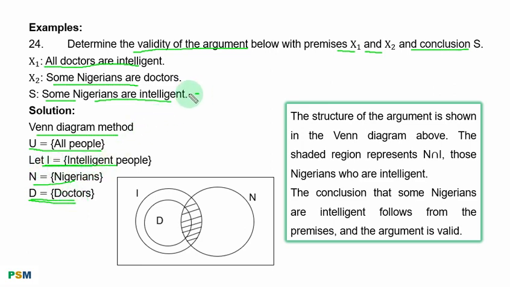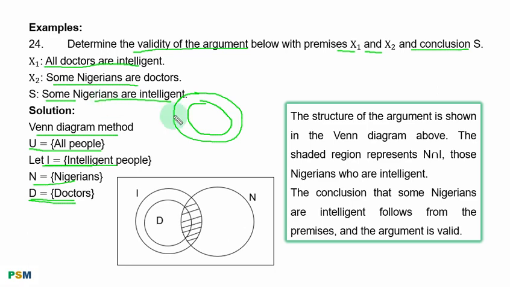So you have intelligent people, then doctors are inside because of the first premise. Now, check the second premise and the conclusion. Some Nigerians are doctors, some Nigerians are intelligent. By implication, some Nigerians are also doctors.